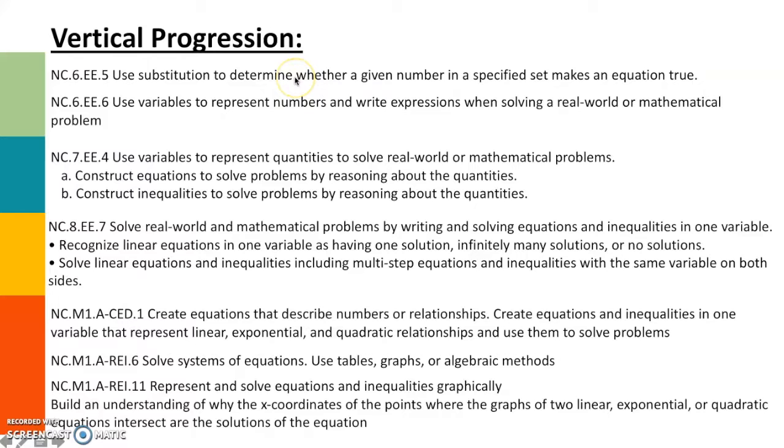So basically they take a number, plug it in, see if it makes the equation true. They also had to use variables to represent numbers and write expressions. In 7th grade, they step it up, and they're not only writing expressions, they're writing equations and inequalities. And it's real-world examples, just like we did today.